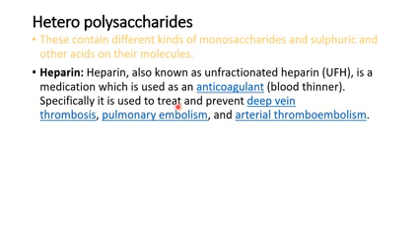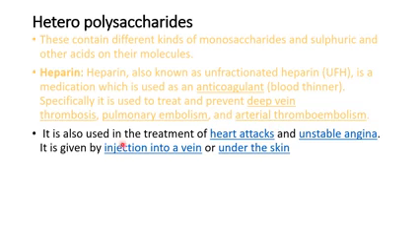Okay, it is used to treat and prevent deep vein thrombosis, pulmonary embolisms, and arterial thromboembolisms. Okay, it is used in the treatment of heart attacks, unstable angina. It is given by injection into the veins or under the skin.